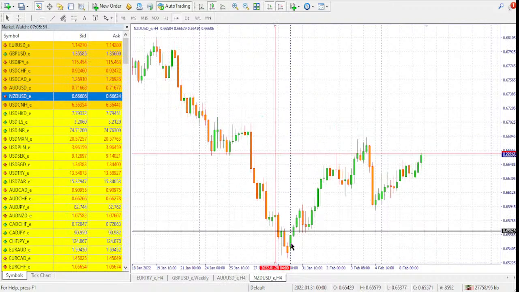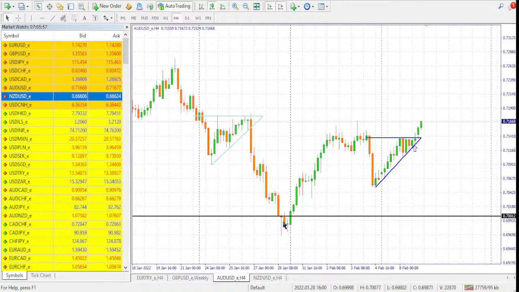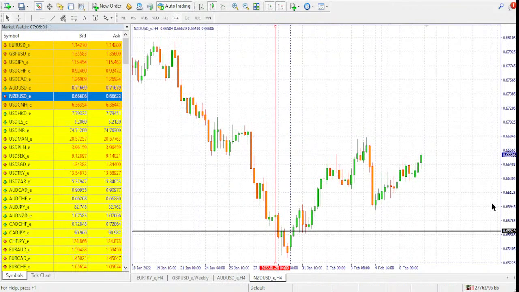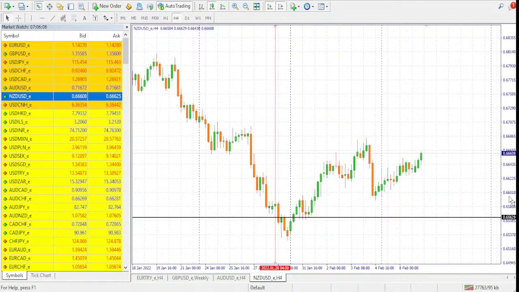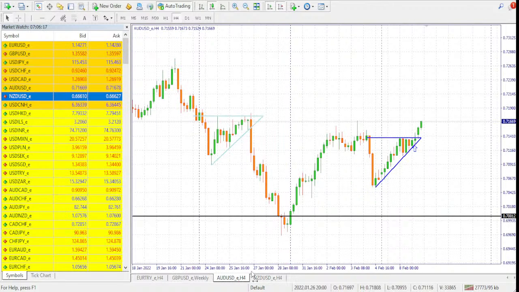My stop loss is here, and this is where the whole thing comes in about correlation. If the price goes below the low of this pin bar on one pair, and the price does not go below the low of this candle here on another pair, then you don't exit that trade.